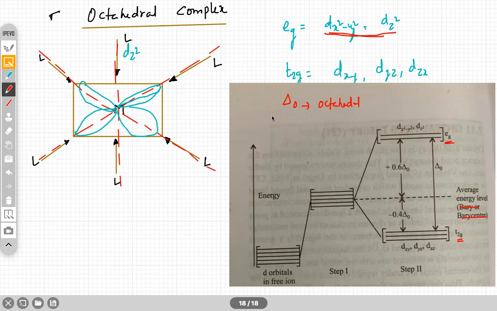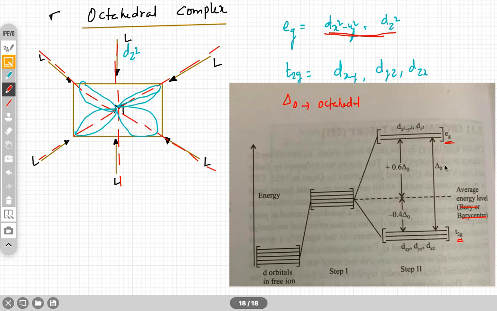Because in atomic orbitals we also did the same thing: the lower energy orbital gets filled first, by the n plus l rule. So here also, the three orbitals will get filled first, and then the electrons go into the eg orbitals. So first t2g and then eg, that's one thing.